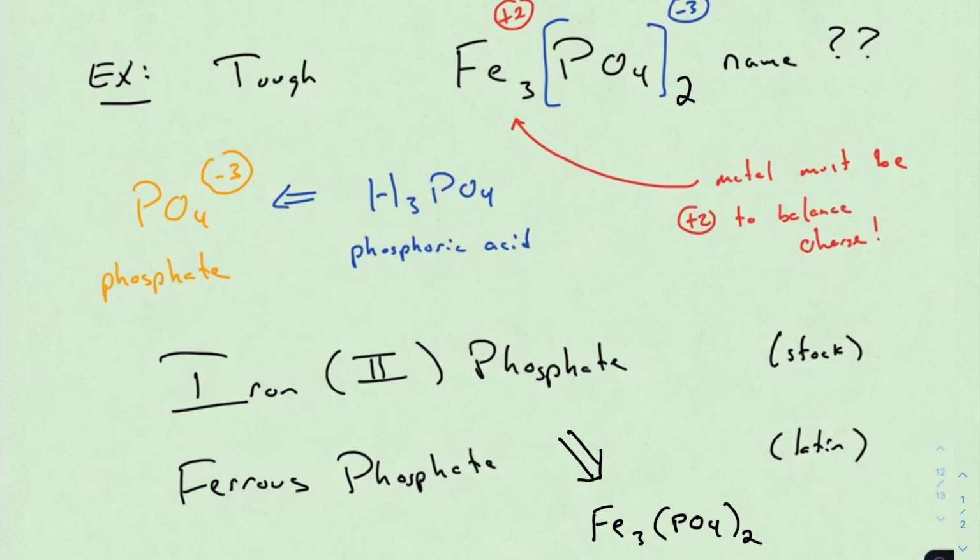So that's inorganic naming, from simple binary compounds of definite charge to transition metals where we have multiple possibilities, and we rely on the nonmetal to help us know what charge we're in for the metal.